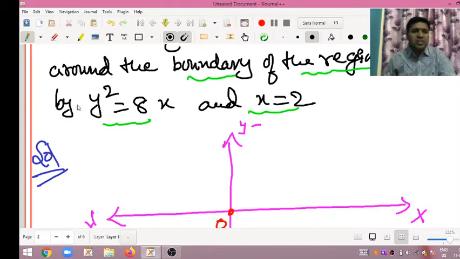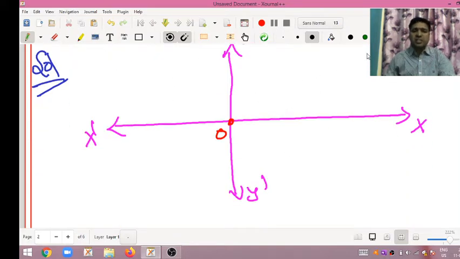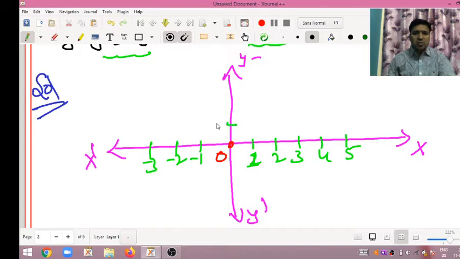We all know this, my dear friends. Y square is equal to 8x lies in the first and fourth quadrant, my dear friends. By taking points also we know this. X is equal to 1, 2, 3, 4, 5, and here also minus 1, minus 2, minus 3, and so on, my dear friends.